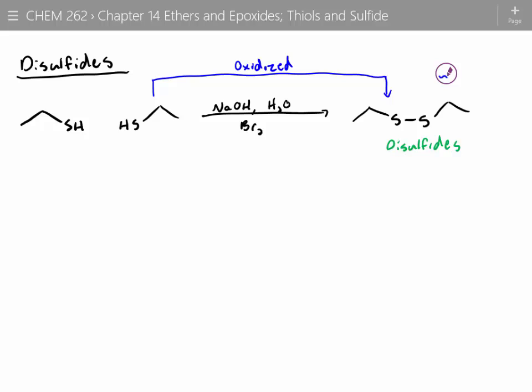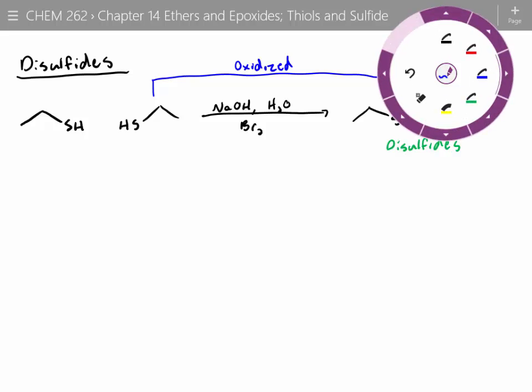If you have two of these cysteine residues nearby and they oxidize, then they'll cross-link, right? You'll form a new sulfur-sulfur bond. And this is really important in biology because it actually provides structural support for proteins. So this is how we can form proteins that have a specific size and shape, is that we'll get disulfide cross-linking. And so if you take biochemistry courses, you'll study this reaction in more detail.